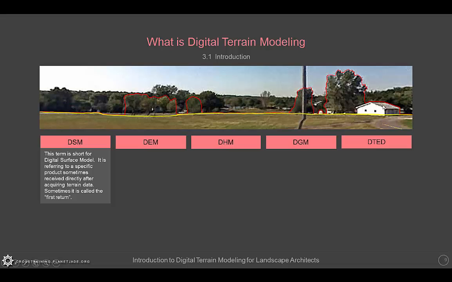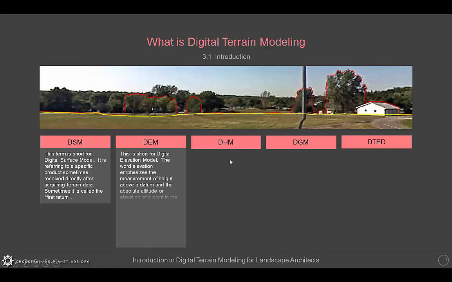This can be a little bit confusing because if you know anything about building or architecture, it also ignores the fact that there's a footing and possibly a basement underneath the structure. It's just drawing that surface right on top of that, ignoring the fact that there might be a basement under this structure. So we see 4 terms here: DEM, DHM, DGM, and DTED. And chances are you may come across those terms.